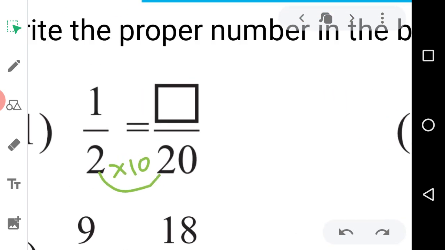So here we need to multiply 1 by 10. 1 ten is 10. So here we get 10 in the numerator, and the fraction is 10 upon 20.